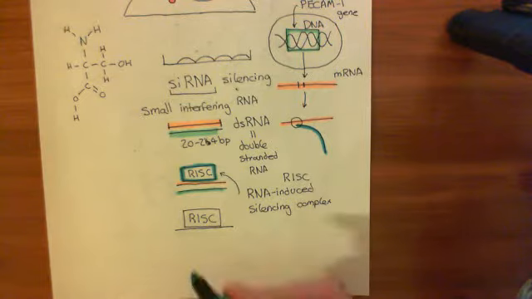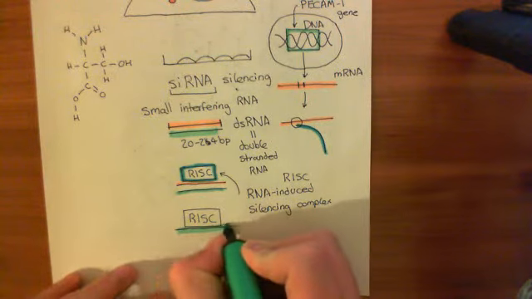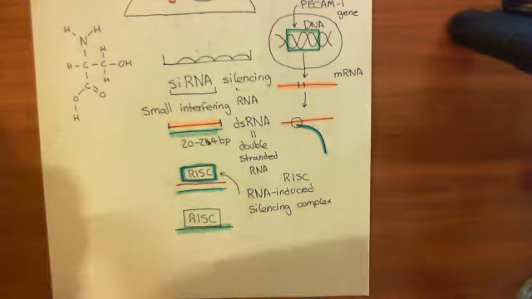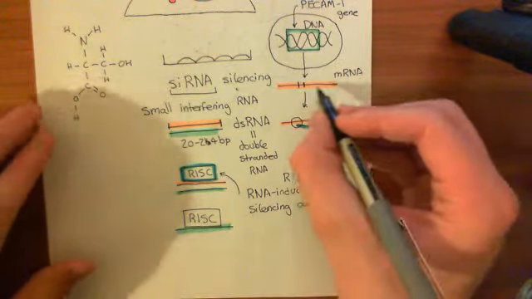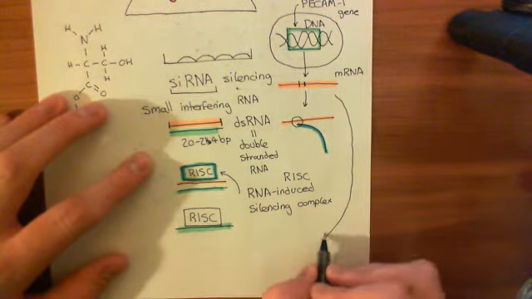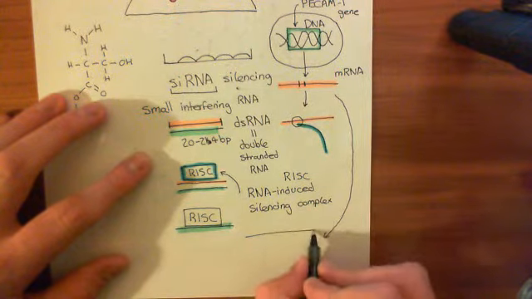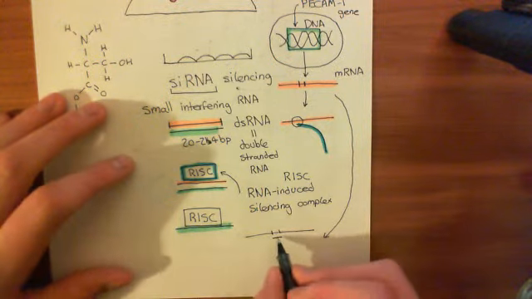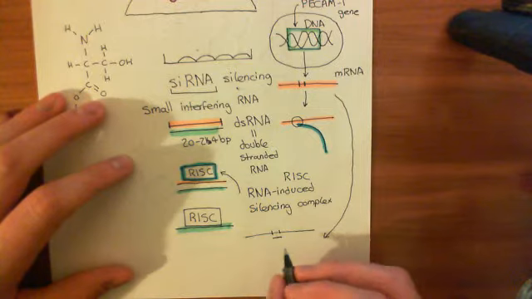Now that green strand is going to go and bind to the PKAM1 piece of mRNA. If I pull this PKAM1 mRNA out down here, here's our PKAM1 piece of mRNA, and here's this small little siRNA.